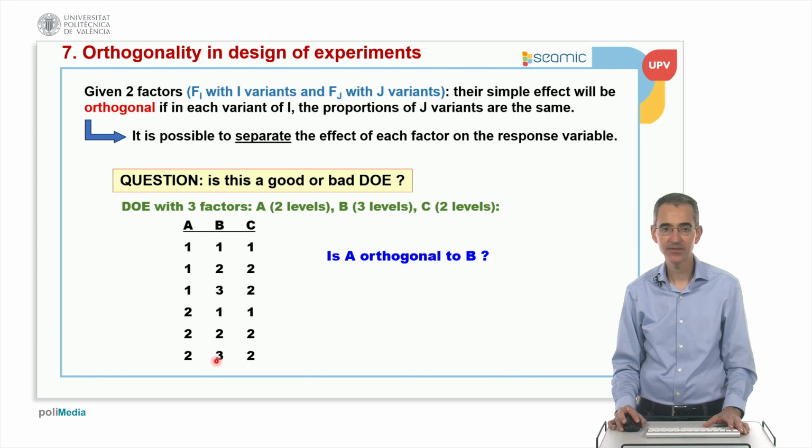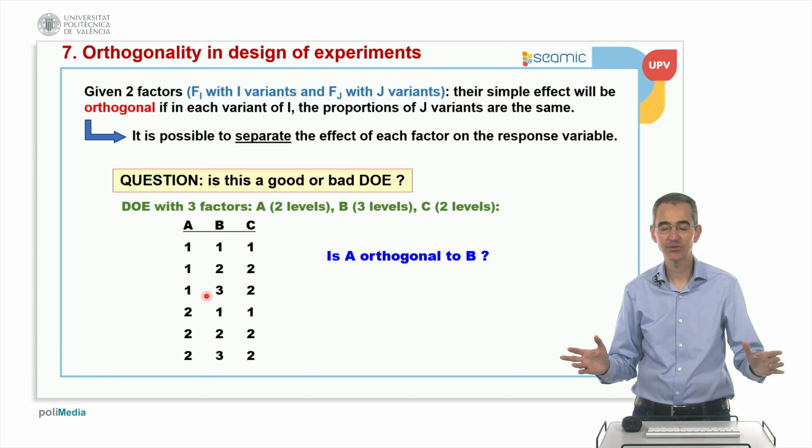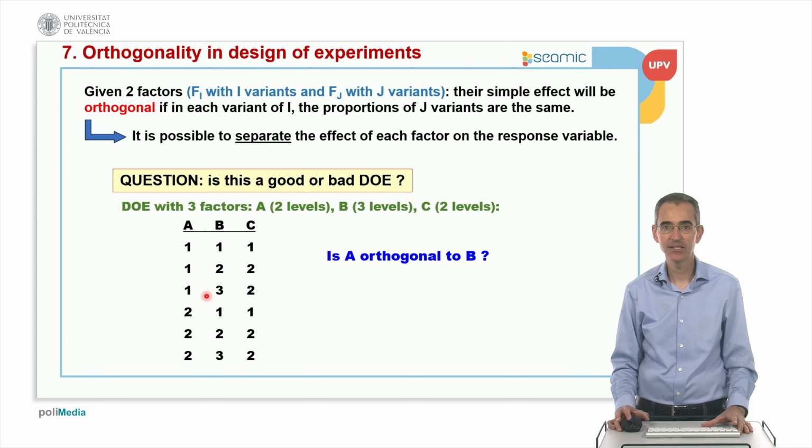So instead of having tested the 12 possible combinations, we have only checked 6, so half of the complete design. So this is called a fractional factorial design. Some of the combinations were not tested. But anyway, here, is A orthogonal to B? The answer is yes. We have 1,1; 1,2; 1,3; 2,1; 2,2; 2,3.